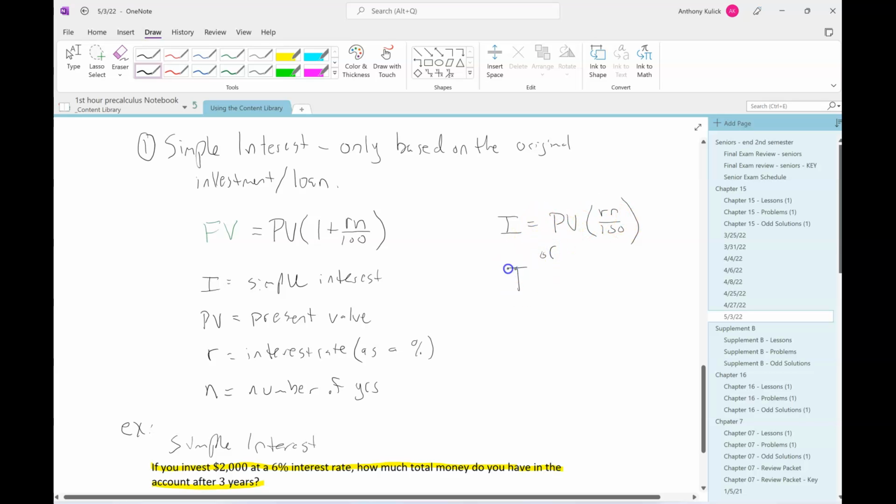Or really, we can think of this as just future value minus present value.